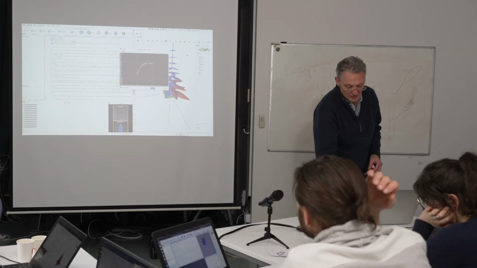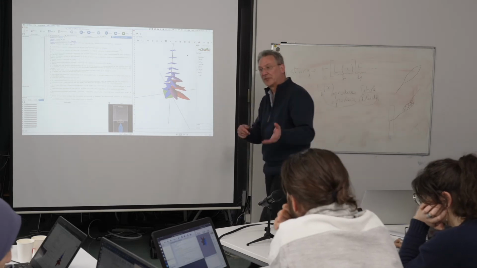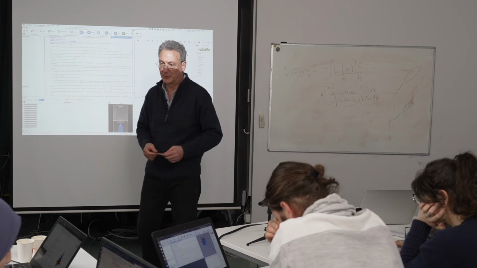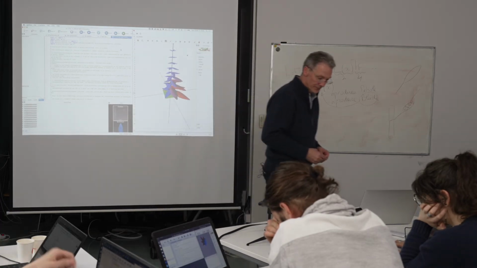So it's a typical kind of transformation law that transforms the light received by a leaf into the amount of carbon available to the leaf.